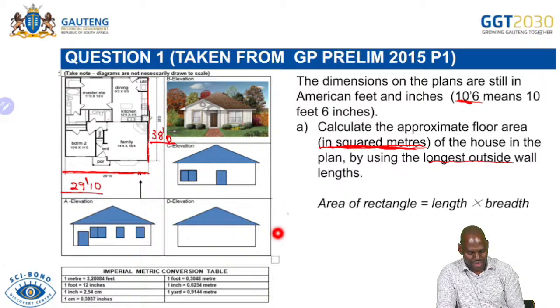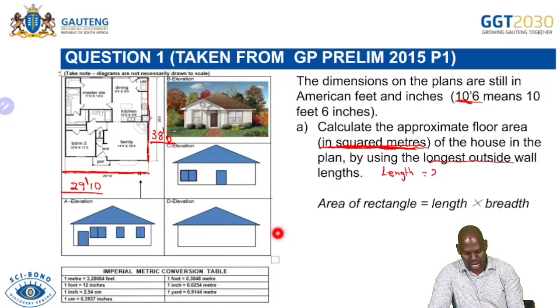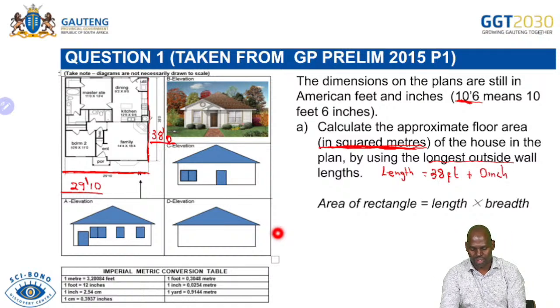For our length, it means now we need to separate the two units. We've got 38 feet plus 0 inches. So we know that 38 plus 0 inches will just give us 38 feet.